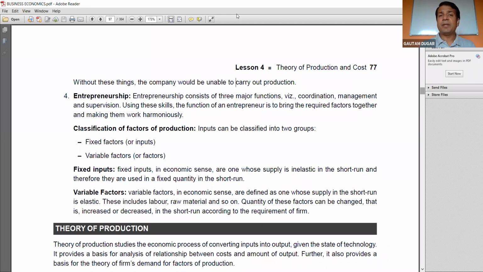Factors of production can be classified into 2 types depending upon the time period. We know in production there are 2 time periods, short run and the long run. Short run is that time period in which a firm does not have enough time to change all the factors of production. That means in order to increase or decrease the production, we can change only a few factors and not all the factors of production.